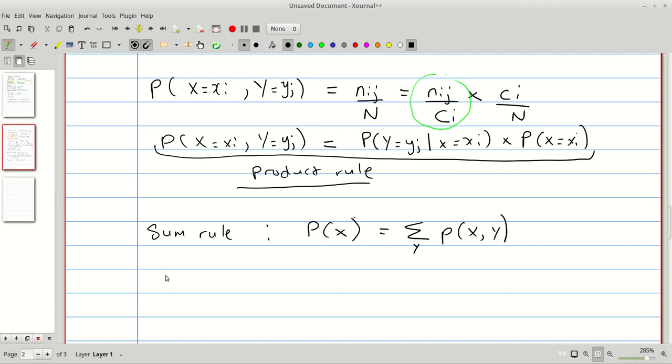And then our product rule says the probability of x comma y is equal to the probability of y given x times the probability of x.